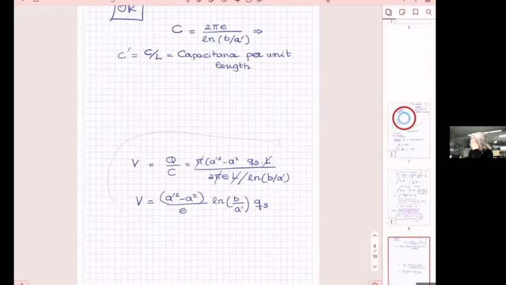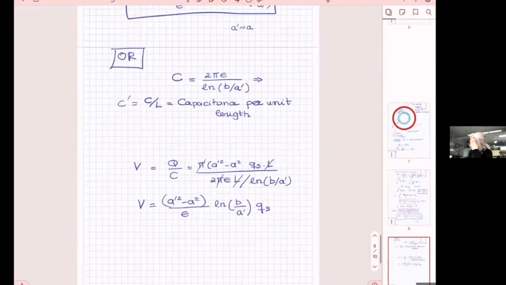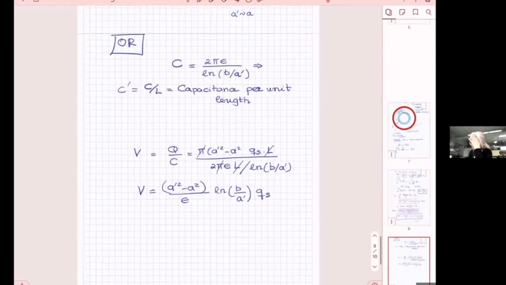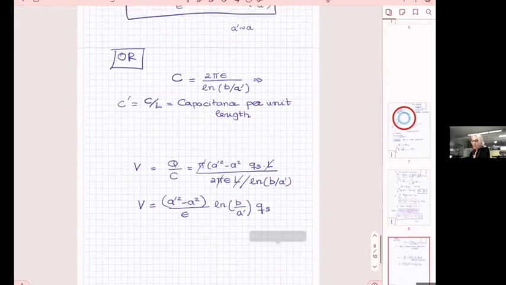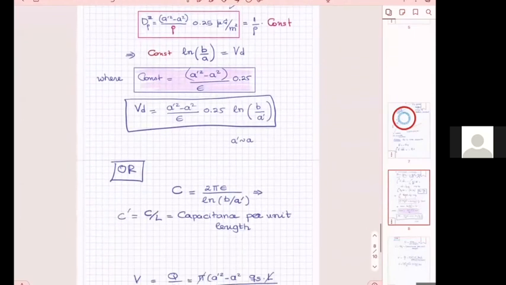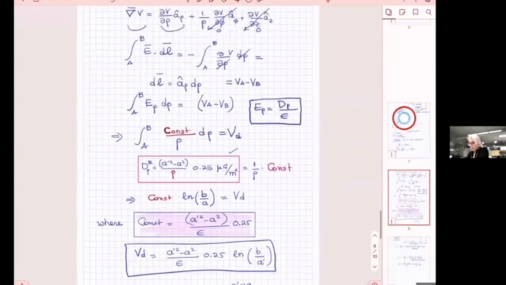Here I just put to find the voltage. All right, that's all to it. And we found exactly the same voltage as up here that I did differently. But that's exactly what it is for the capacitance. So you can solve it two ways for the capacitance? Yeah, exactly.